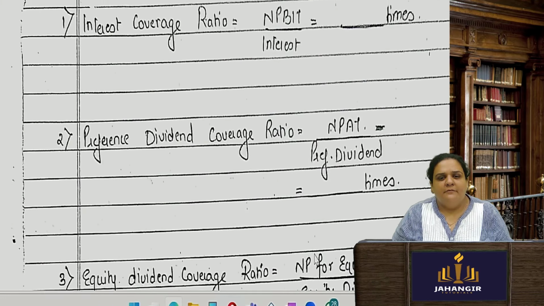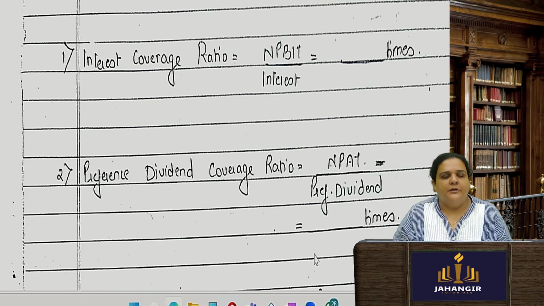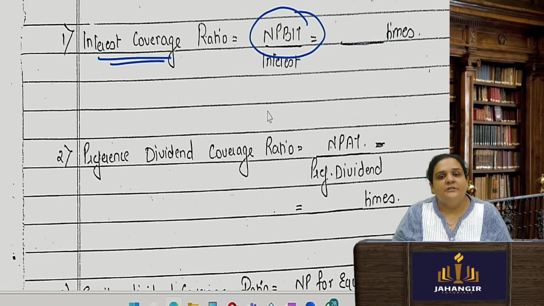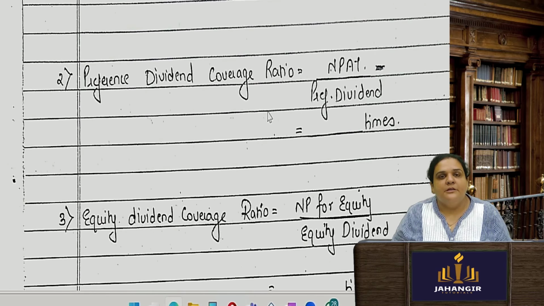Then you have some coverage ratios. These are not very important, but I'll just read them for you all. Interest coverage: how are you able to cover your interest with the help of your profit? Which profit? NPBIT upon interest. Preference dividend coverage: you will take the profit just before preference dividend, that is NPAT upon preference dividend.